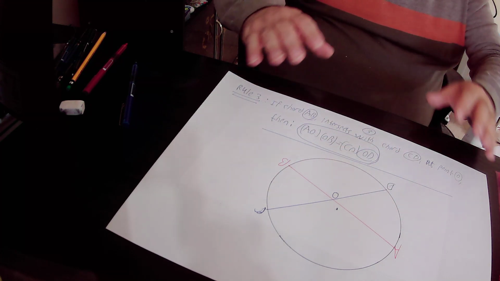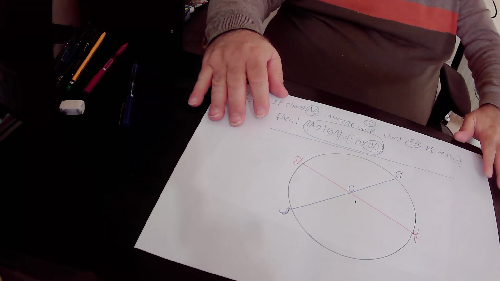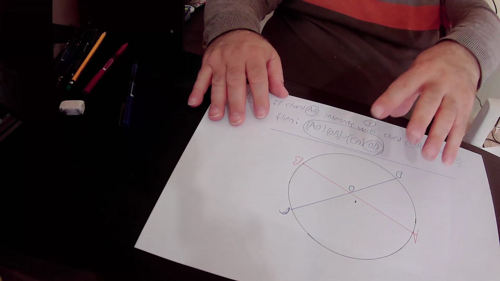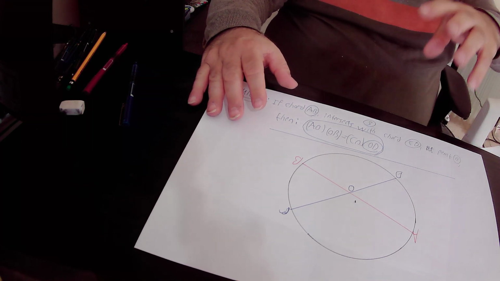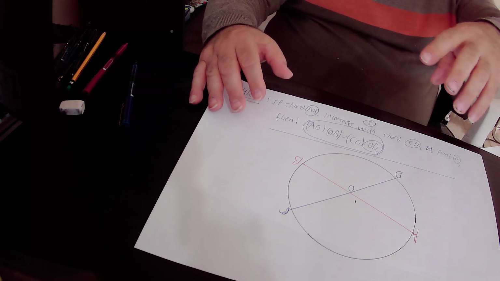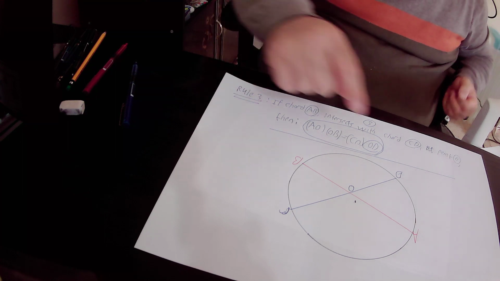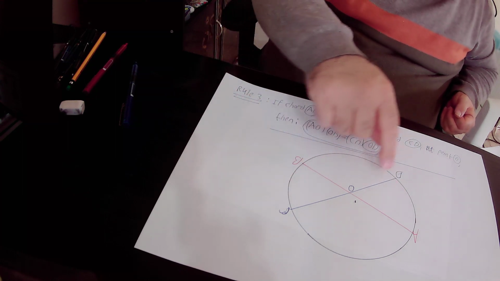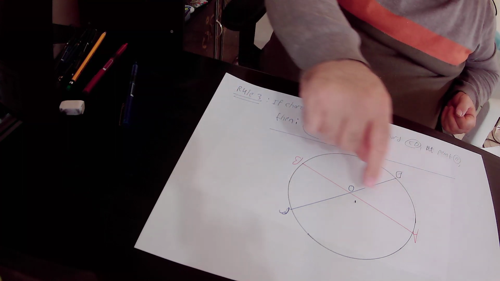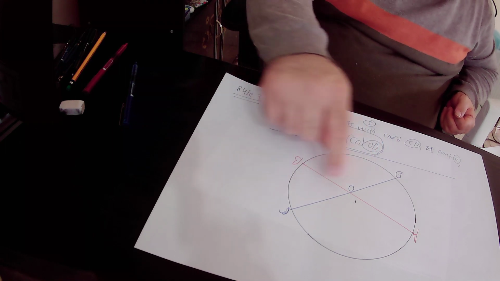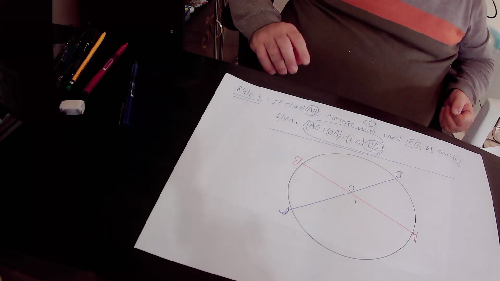So if this is the reality, then according to rule number 3, AO times OB equals CO times OD.